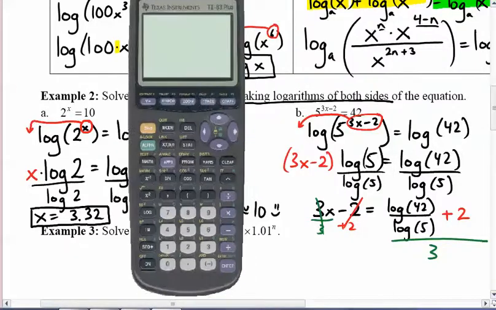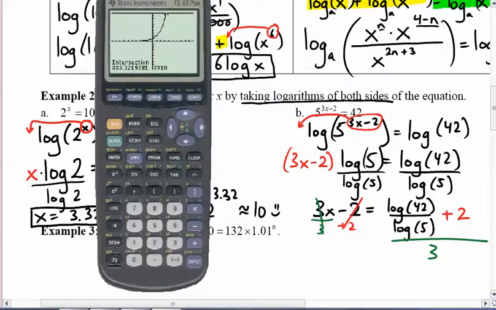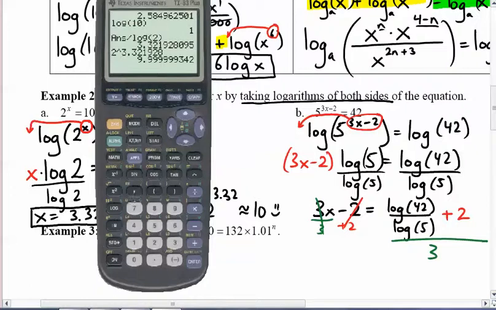So when I plug that into the calculator, log 42 divided by log 5 plus 2, divided by 3 is 1.44.